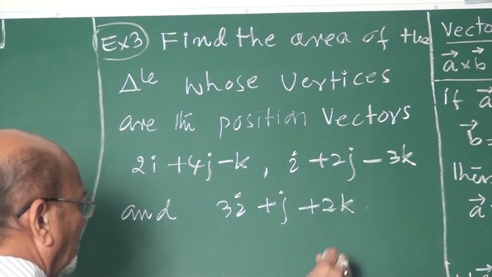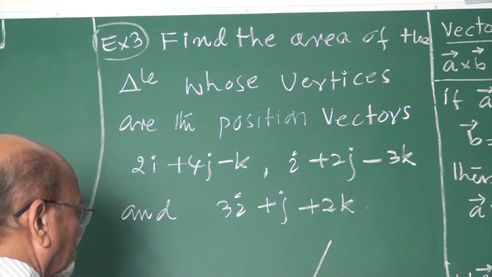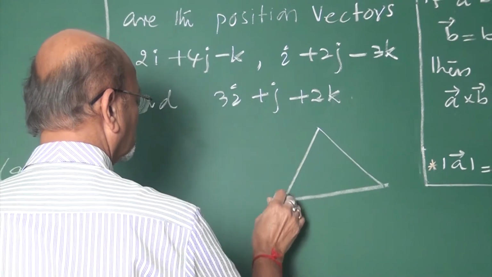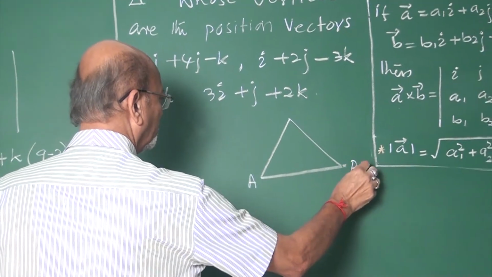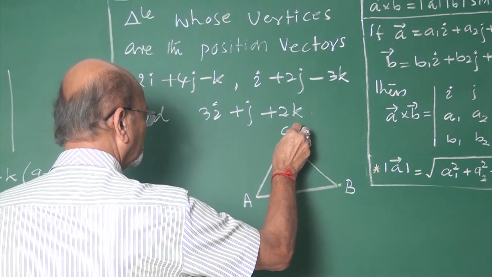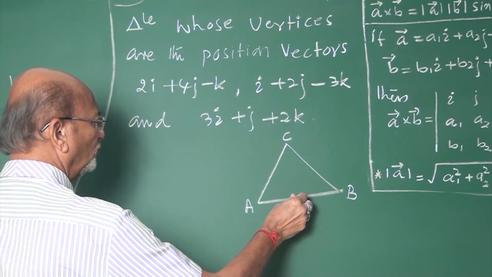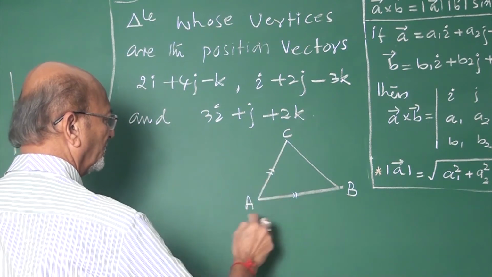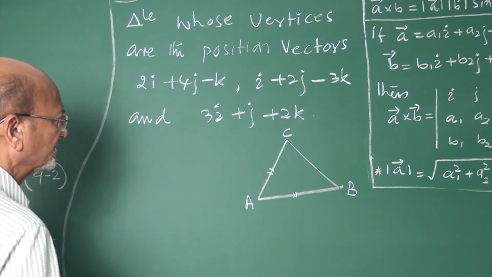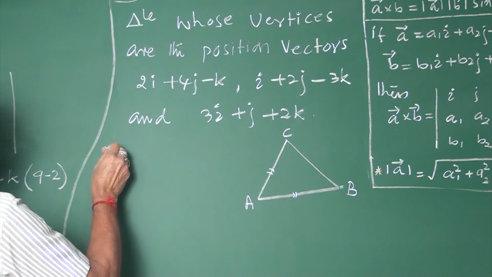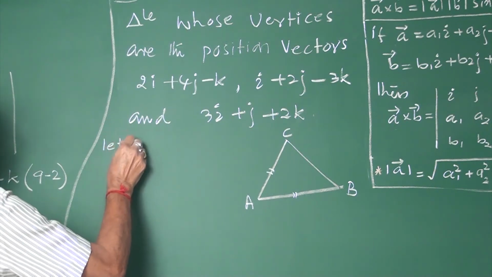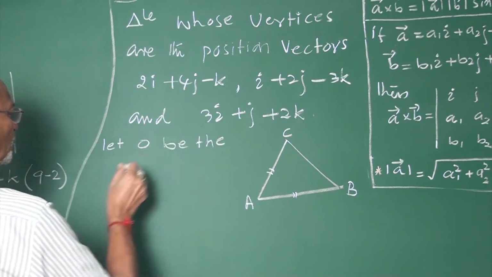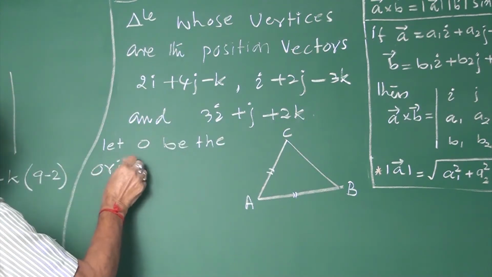Yes, my friends, this is the triangle ABC. These are two adjacent sides, AB and AC. But what is given? Let O be the origin of reference.